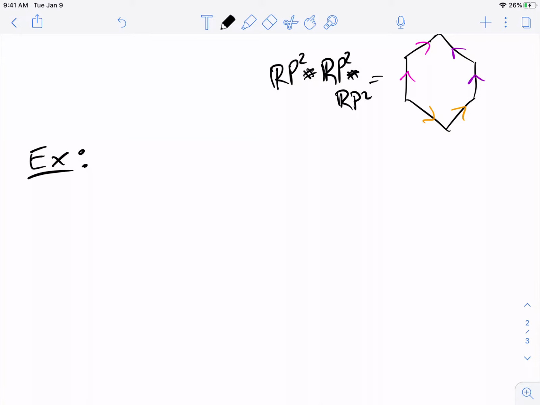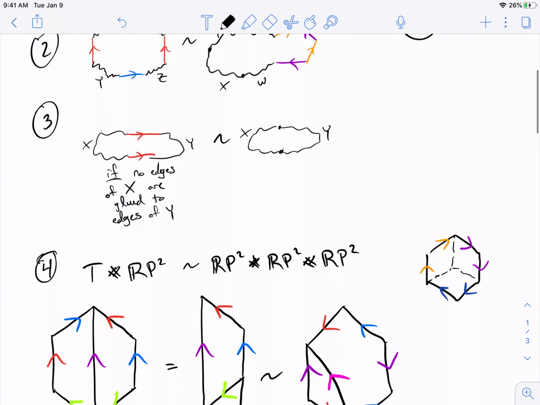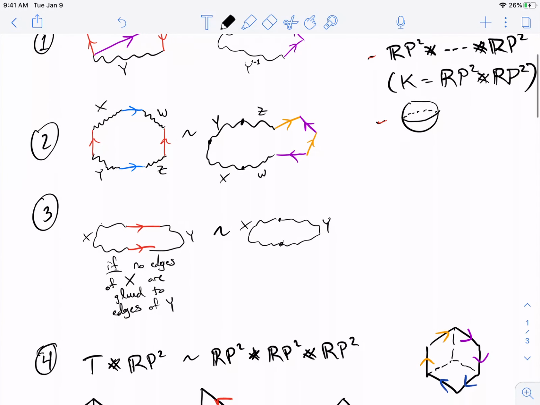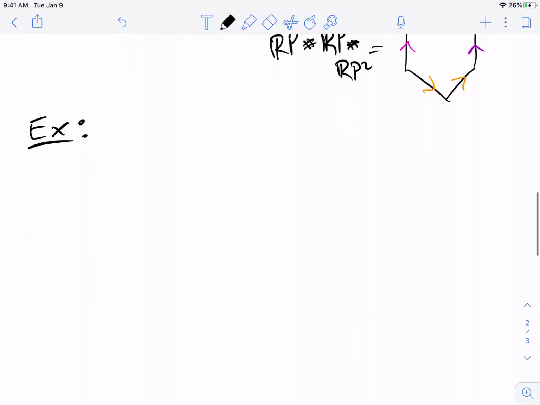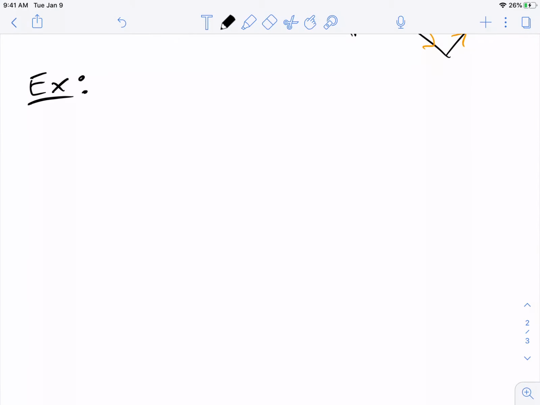I guess I wrote 2 more examples here, but let me start with one more, just so we can get practice with this second move here, which is a little more involved. So okay, I'm just going to give myself the hardest example. So I have a list of examples here, and I'm just going to do the hardest one, which kind of shows all the different things that we might need.